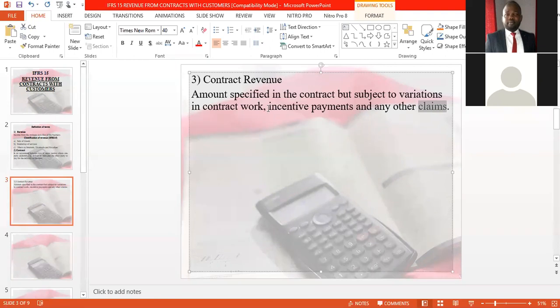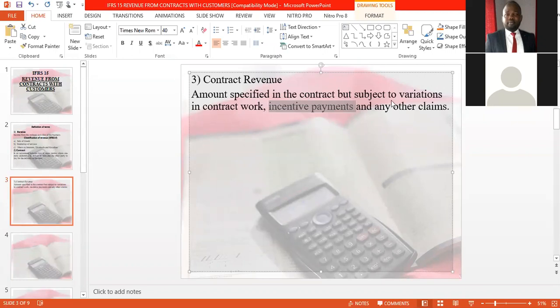The reward that the government gives you for a job well done is called an incentive payment. The principal amount that you agree on is what is called the original contract revenue. The exact contract revenue is the principal amount which is affected by incentive payments and is also affected by other claims.